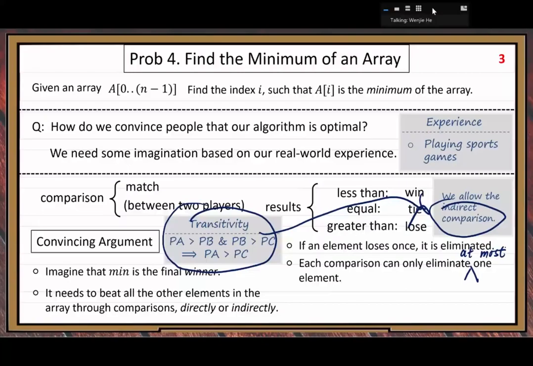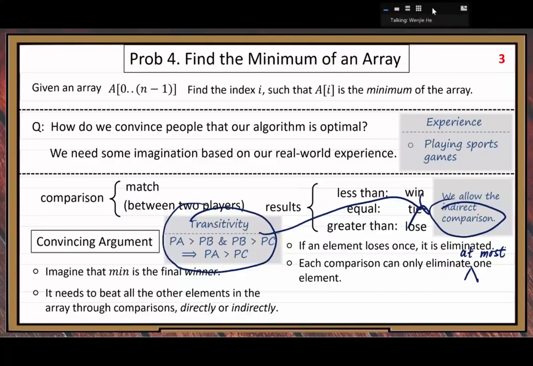So that's why I put at most one. There's a possibility of 0, but it cannot be more than 1. The point is, the best you can do is eliminate just one element, not 2.